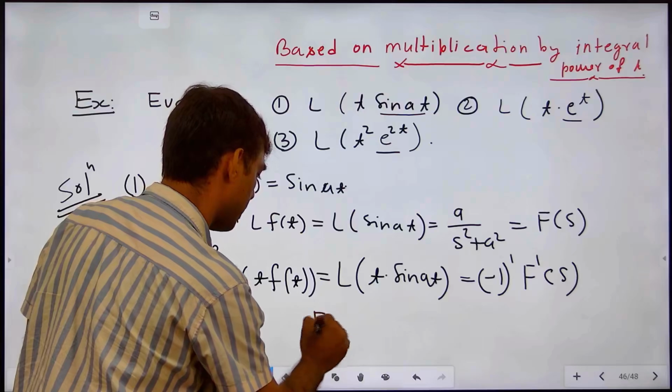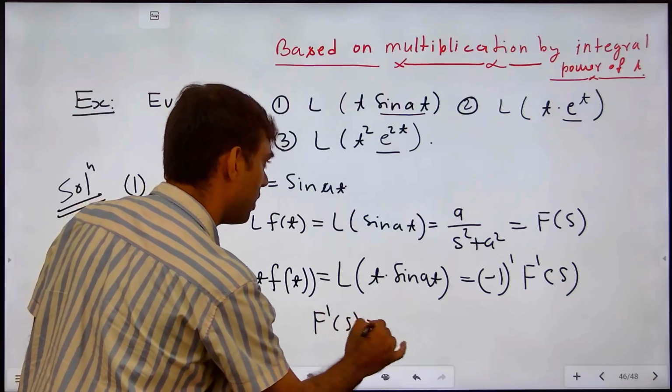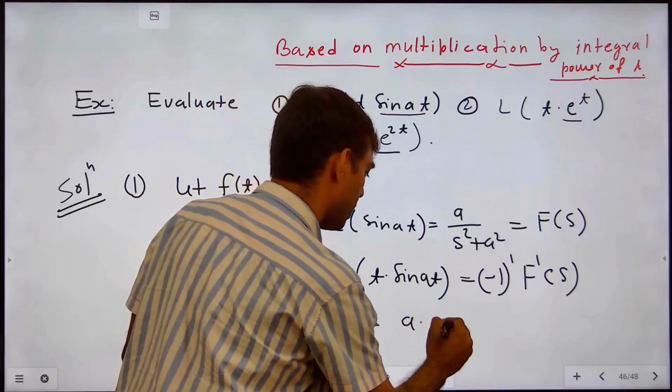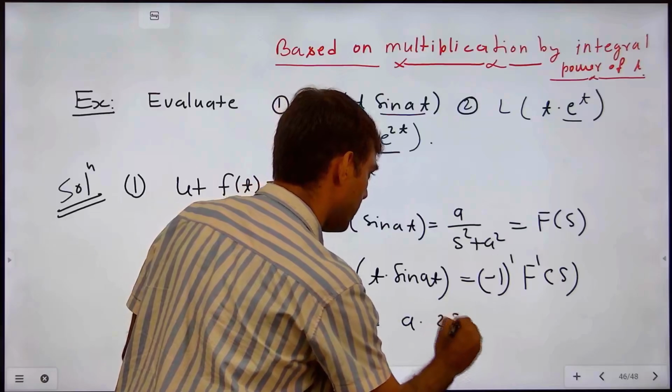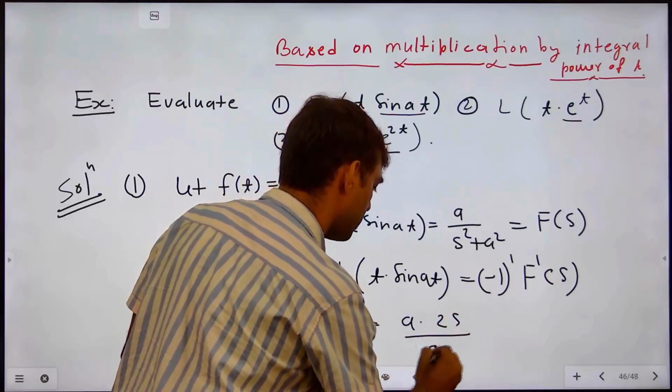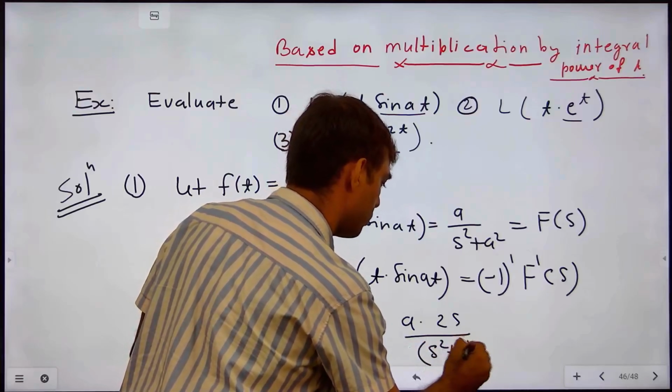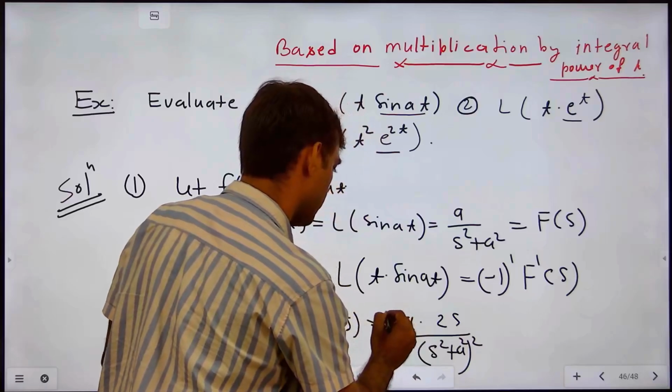So now F dash s is equal to a into 2s upon s squared plus a squared to the power 2 into minus 1.